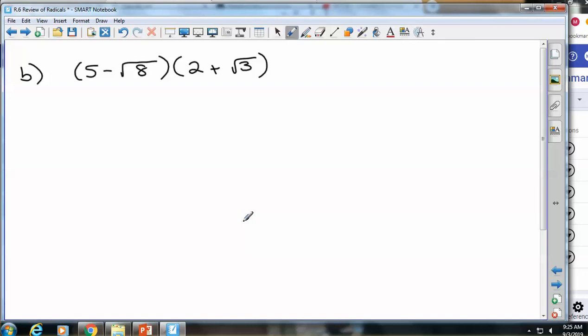Okay. Add it on the bottom there. So if I asked you to multiply this, what would we need to do here? Okay. So 5 times 2 would give us a 10.